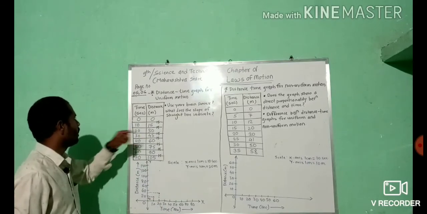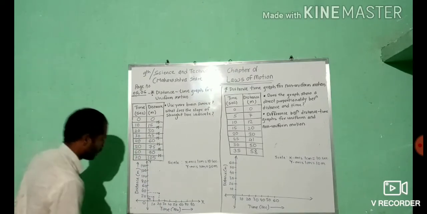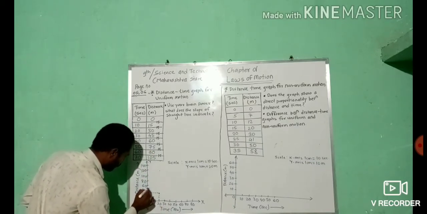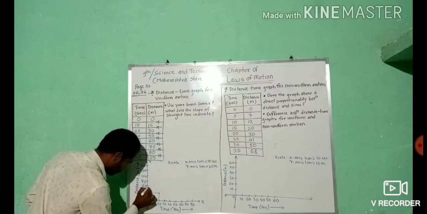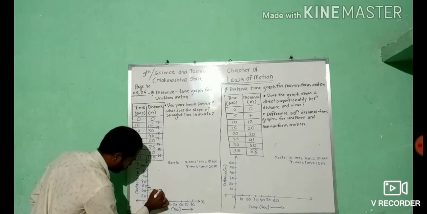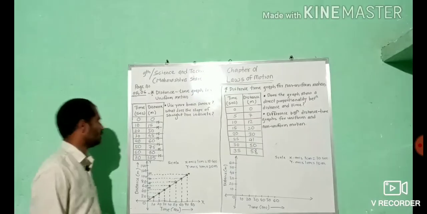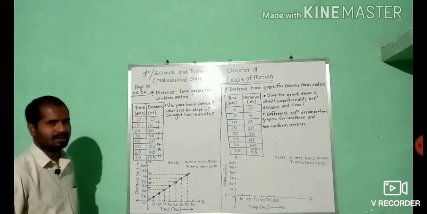Now time is 30 and distance is 45. Likewise, we have to plot the points for all the times and all the distances.